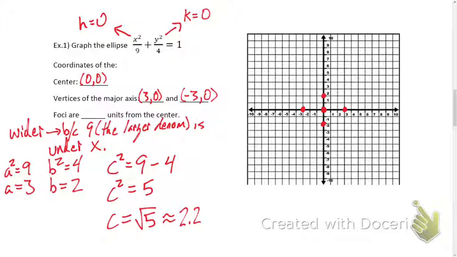So I'm okay with either of those numbers going in the blank, and we count 2.2 to the right and 2.2 to the left. And connect the red dots. All right, I'm going to give this a shot. That came out all right. And that's our first ellipse.